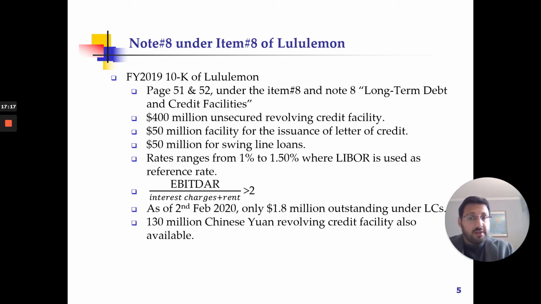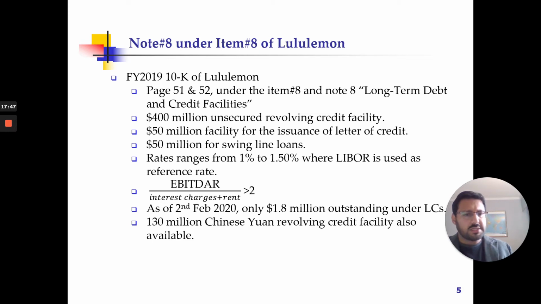So within that 400 million, 50 million is available for swing line loans, so that if the company has to settle some loan and does not have the payment, they can borrow and settle the loan. These are usually high-interest loans, like payday loans for individuals. So these are for the companies. The range of the interest rate is based on the LIBOR.